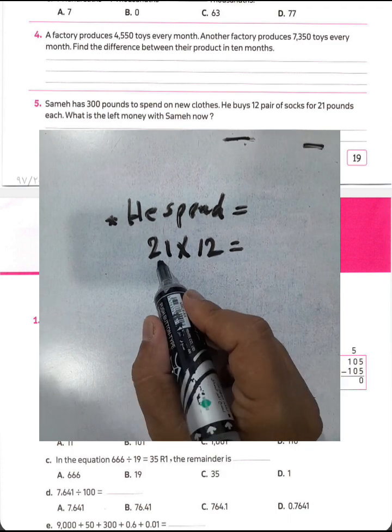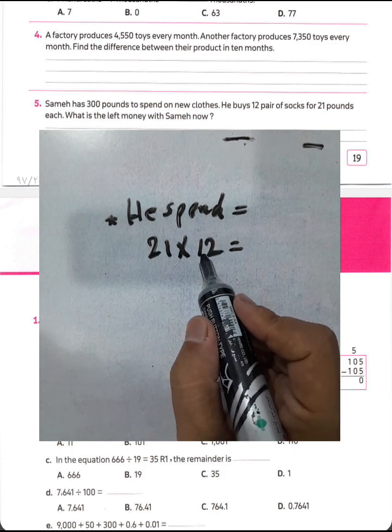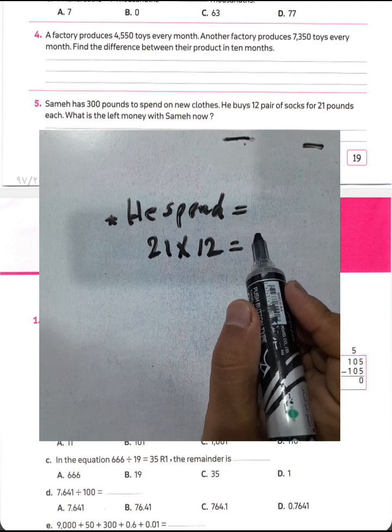He spent 21 times 12 because he pays for 12 pairs of socks at 21 pounds each.